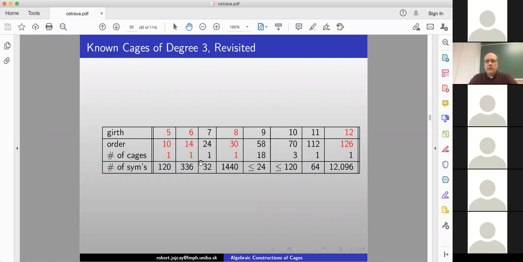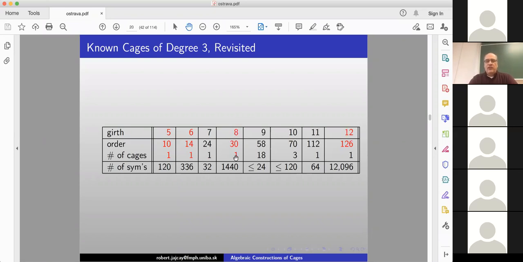I will even do a little more. I will go through these, which are not anymore Moore graphs. Well, Petersen is Moore, but even if you go away from the Moore graphs, the record holders are also highly symmetric. The ones that are in red, in fact, are vertex transitive, but so that I don't lie, a cubic graph of girth 7 is not. The smallest cubic graph of girth 7 is not vertex transitive, but it still has a large number of symmetries.